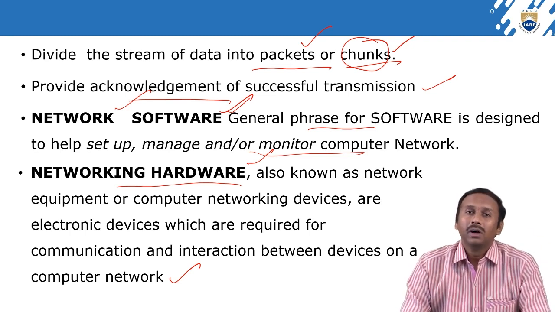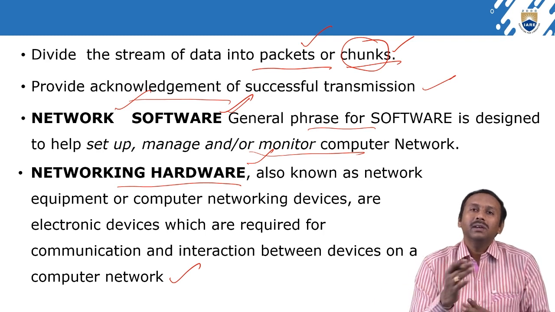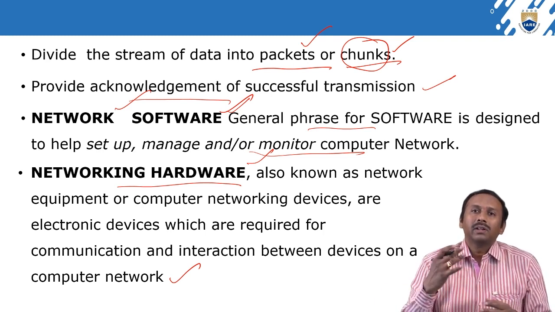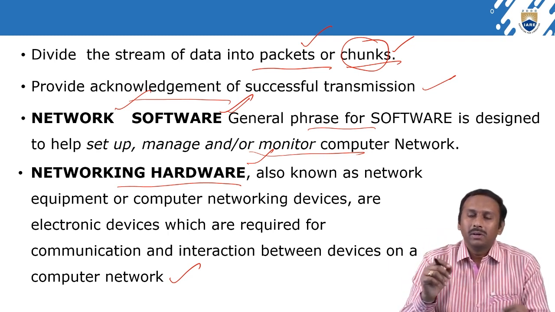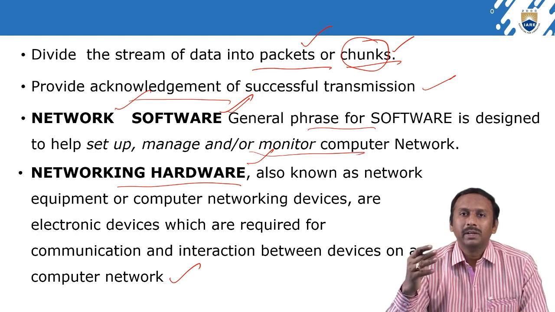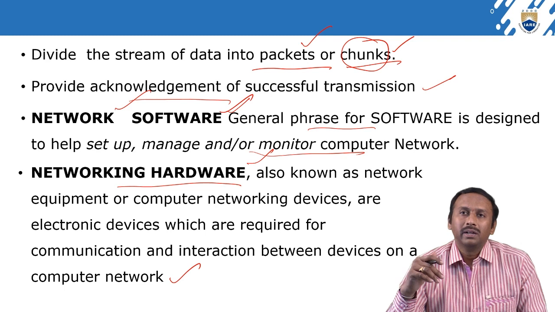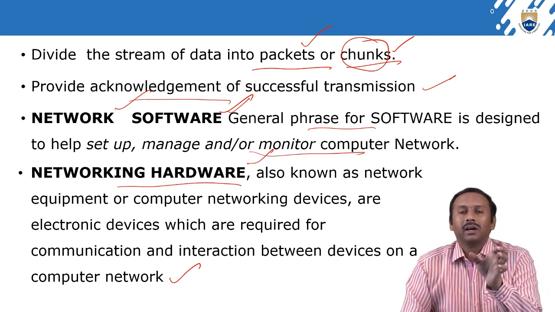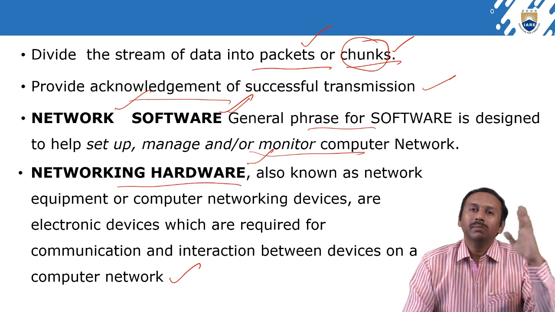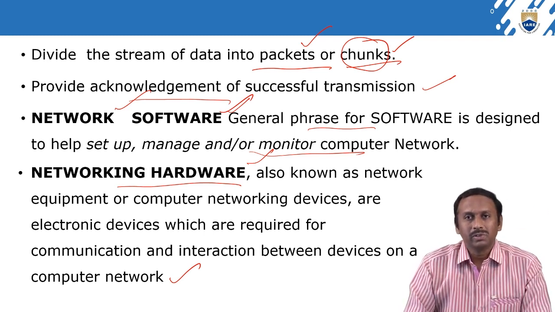Just with the help of hardware parts. So the hardware is going to interact with the software. Wherever the data packet is, if any data packet is lost in the middle, it has to interact with the network software, and based on the network software, the error messages are sent back to the sender with the help of the network hardware, right?